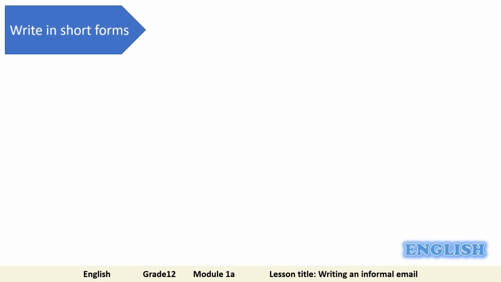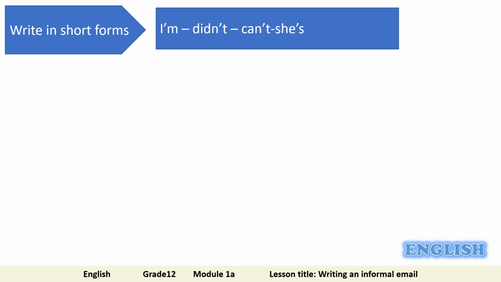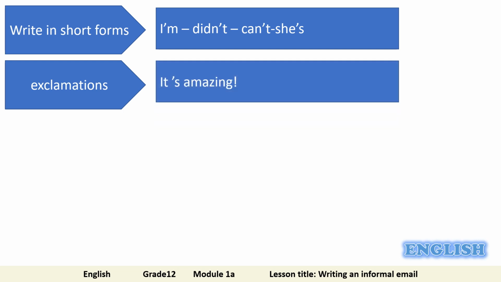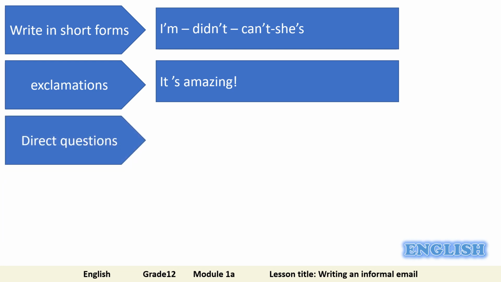Write in short forms. Again, what short forms are? The apostrophe M, the didn't, the can't, the apostrophe S, exactly as you can see. The exclamations. Oh, you can spot the exclamation at the end of this sentence. Direct questions.